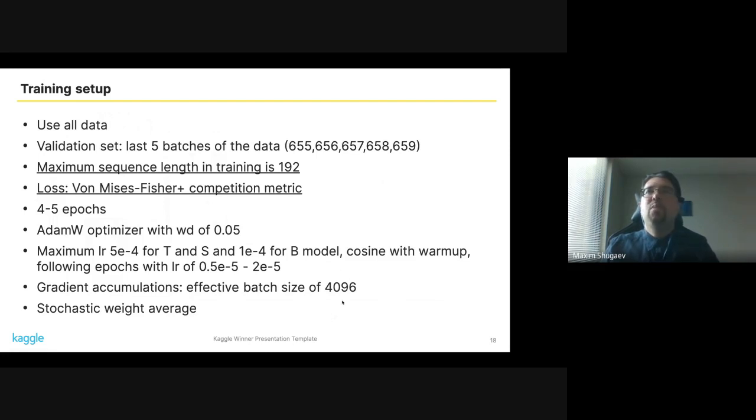The first epochs are done with von Mises-Fisher loss, and in the last epochs we use the competition metric as a loss with a small additional von Mises loss term. It allowed us to get about 55 basis points improvement. Next slide.